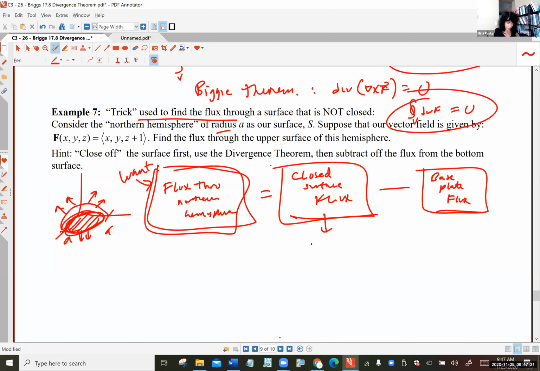Okay. So what is the divergence of F? Well, dM/dx is 1 plus dN/dy is 1 plus dP/dz is 1. Oh, man, that's awesome. It's just a 3. Okay, cool. I'm just going to pull the 3 out of the triple integral.